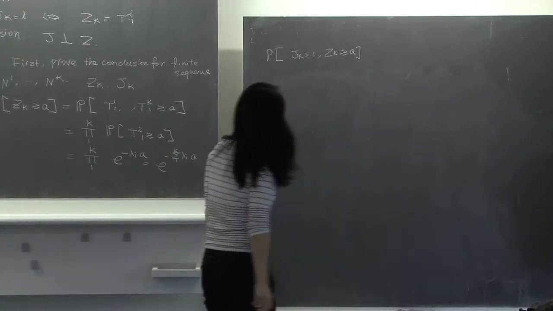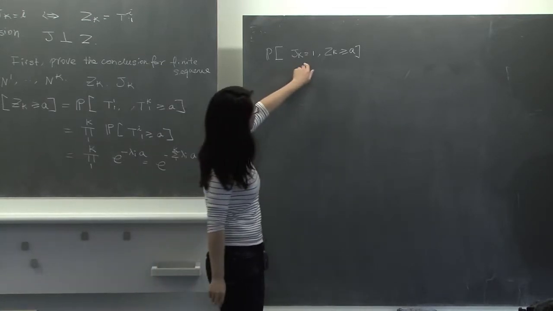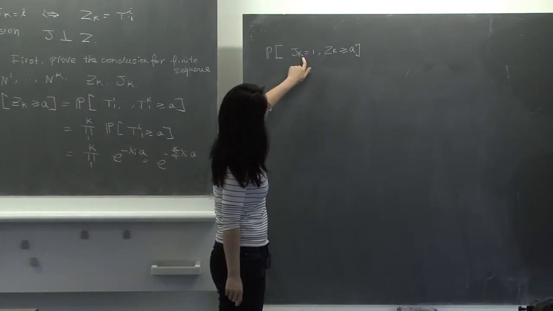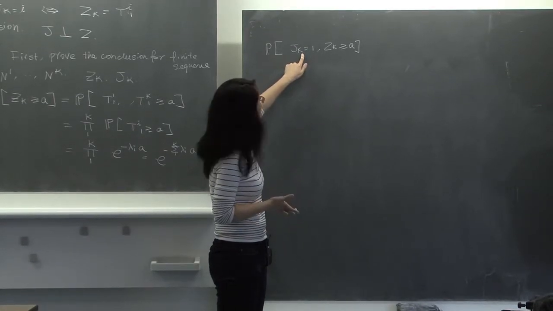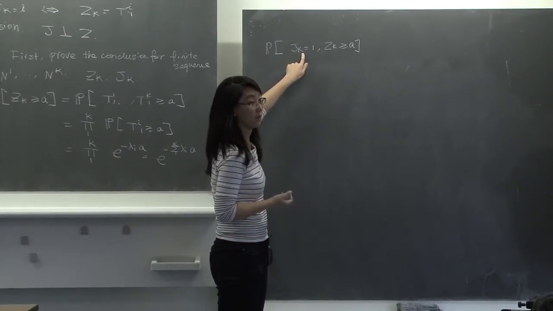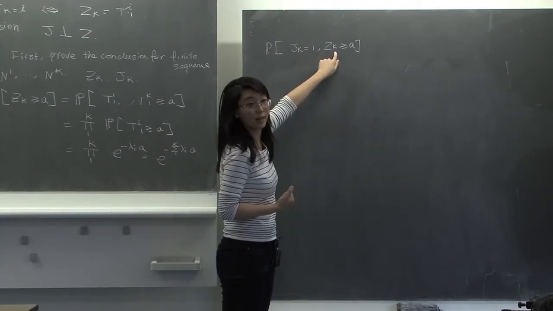So what does this event tell us? It tells us that the first event time happens at the first Poisson process, and we know that it is greater than a.